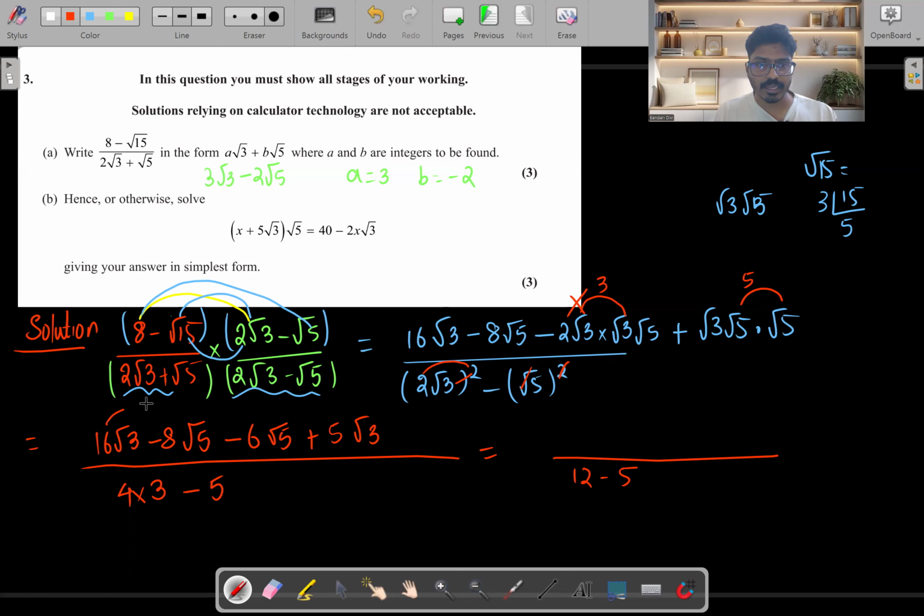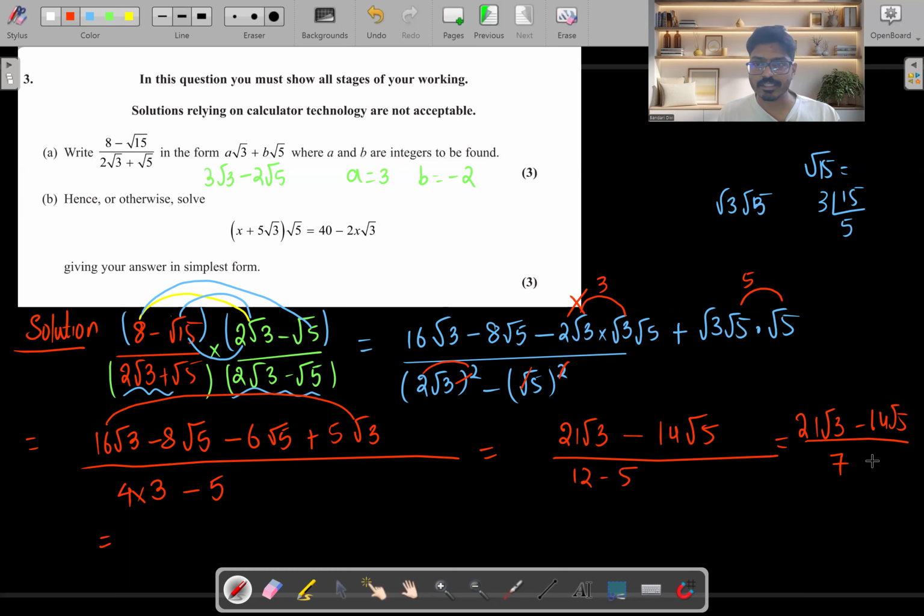solve this by adding these two. So 16 plus 5 is going to be 21 root 3, and then minus 8 plus 6 is 14 root 5. So further I can write it as 21 root 3 minus 14 root 5 upon 12 minus 5 is 7.